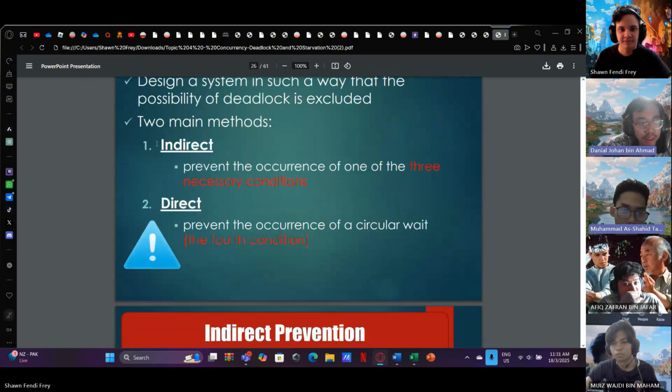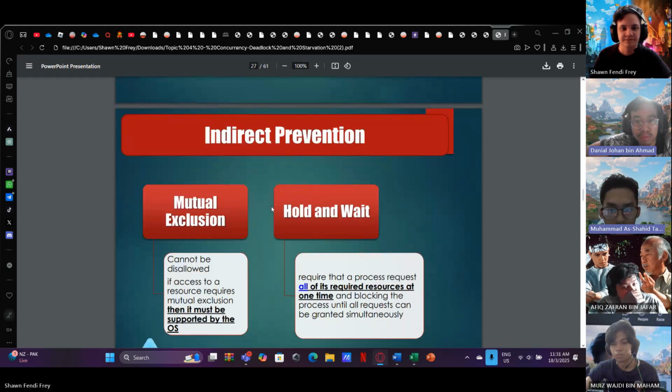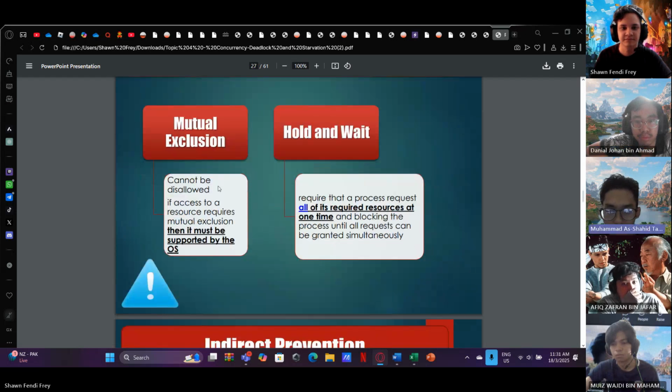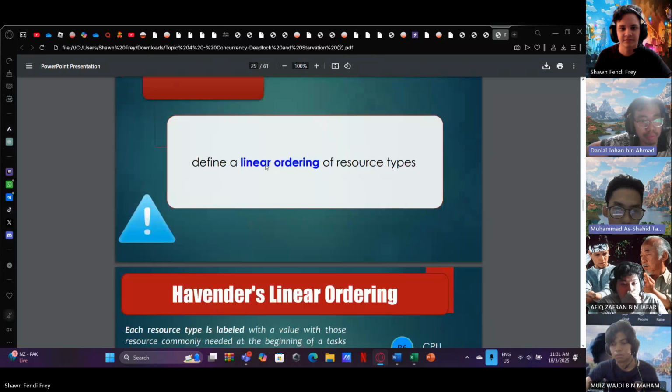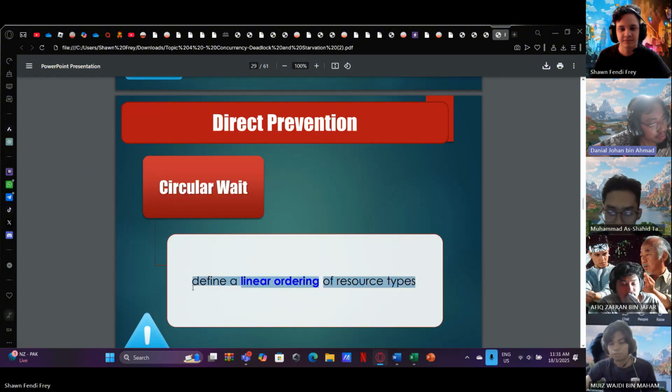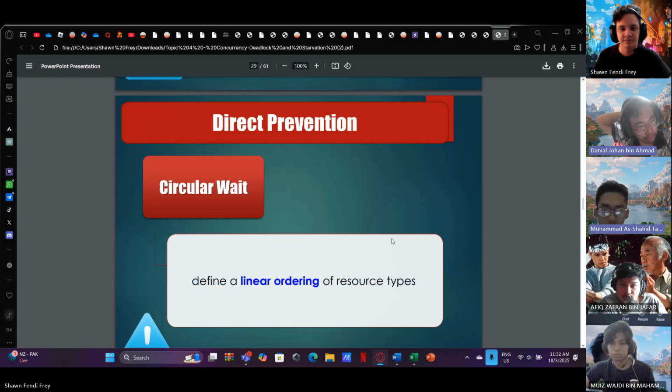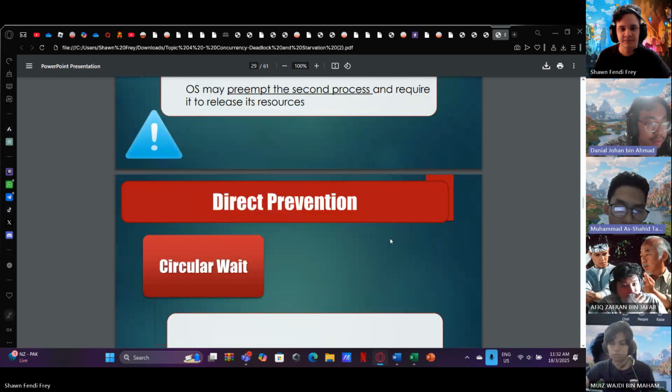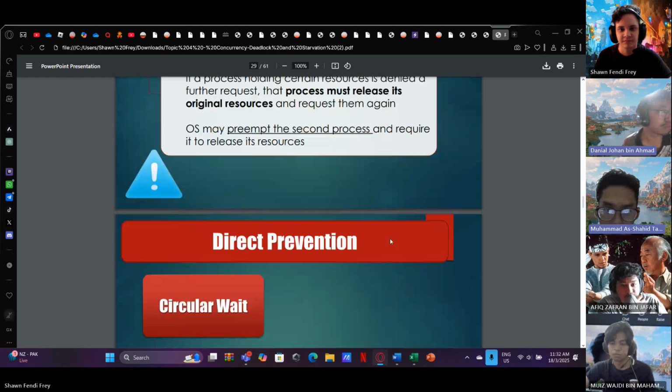So how to prevent it from occurring? First, for circular wait, you can use linear processing steps, since you see the chain of dependency forming a cycle in the RAG.